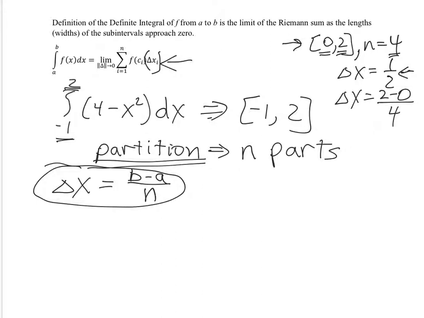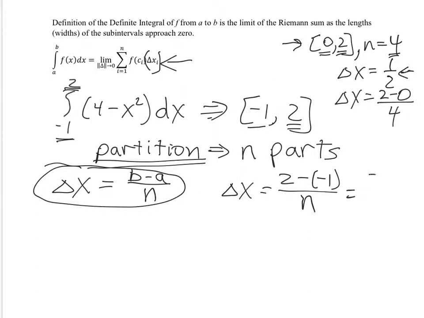Okay, so delta x for our partition, b minus a. Now be careful here, it's b minus a -1, all over n. We're not going to specify n at this point, so we just have to keep it as n.